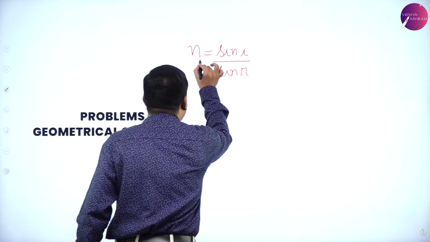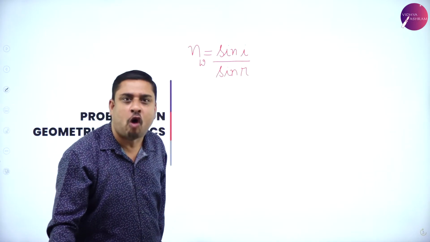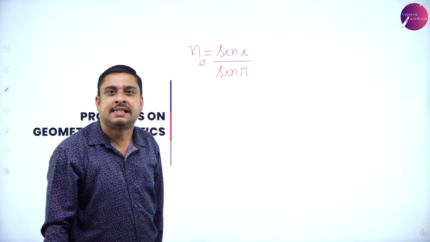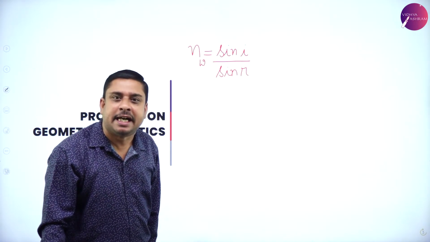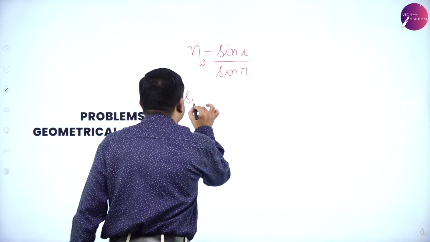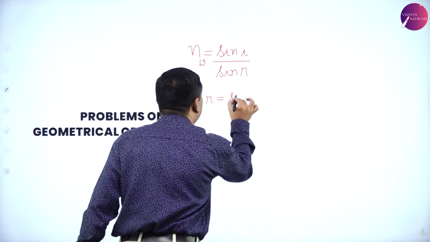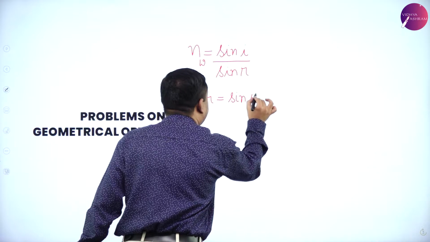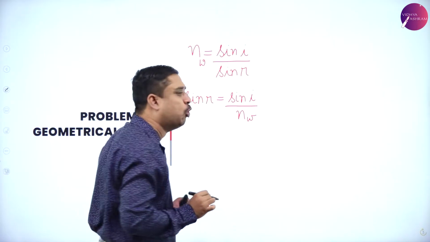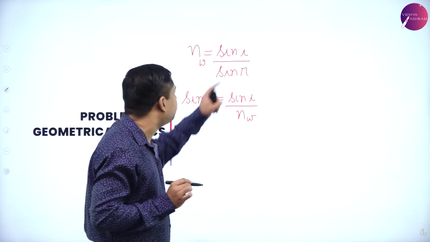So given here is refractive index of water. So NW equals sin I divided by sin R, or sin R is sin I divided by NW. Just rearrange the expression.